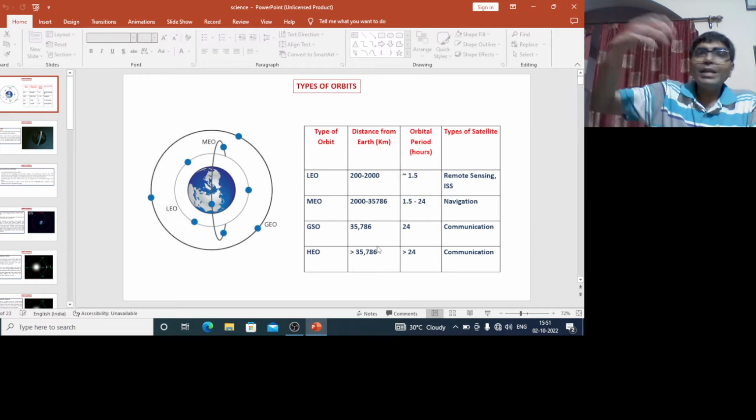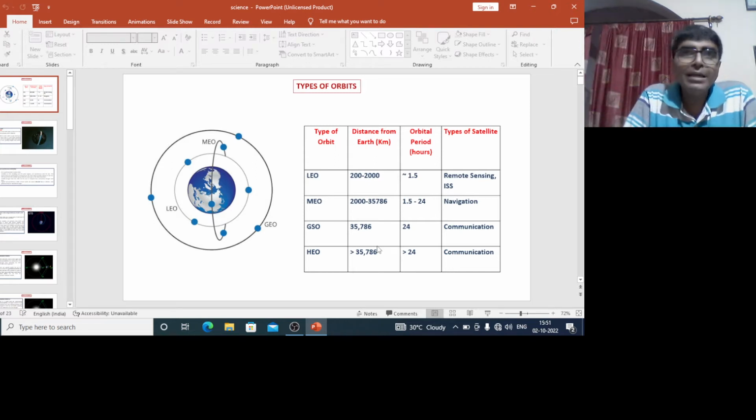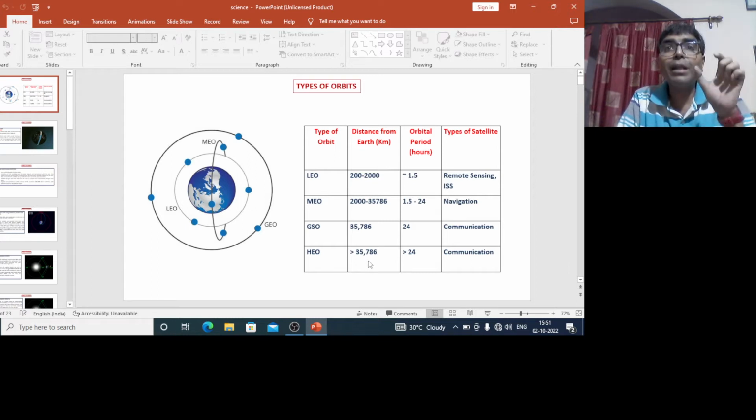So when we increase the distance, the orbital period is also increased. This GSO is used for communications purposes. And HEO is the high earth orbit, which is more than 35,786 kilometers, has an orbital period of more than 24, and is also used in communications.